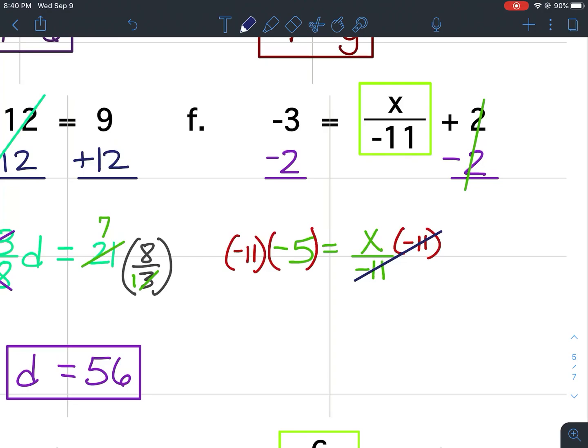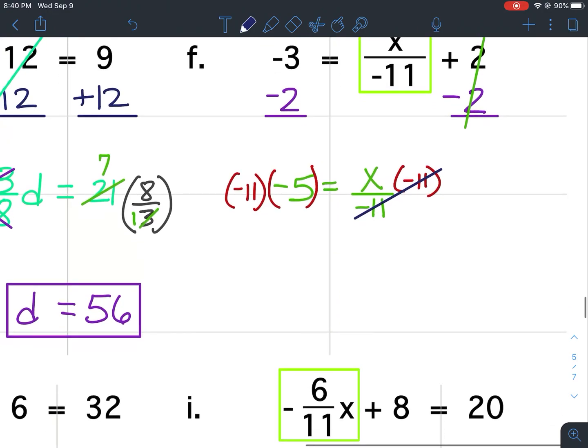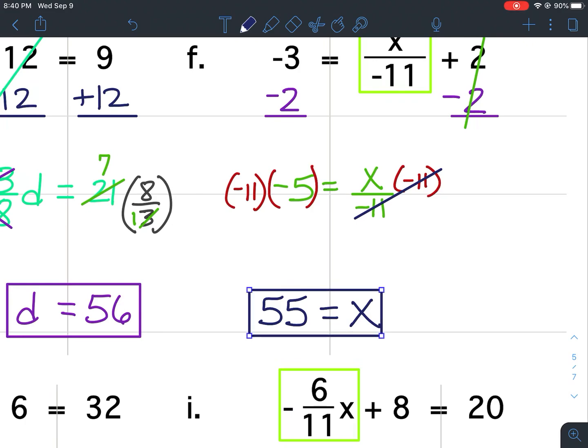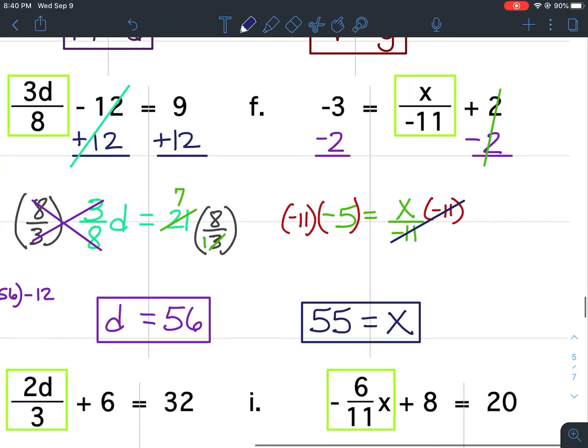Your 11's on this side will cancel. Negative 11 times negative 5 is positive 55. So 55 equals x. If you wanted to check this in your calculator, you would put 55 over negative 11 and then add 2.